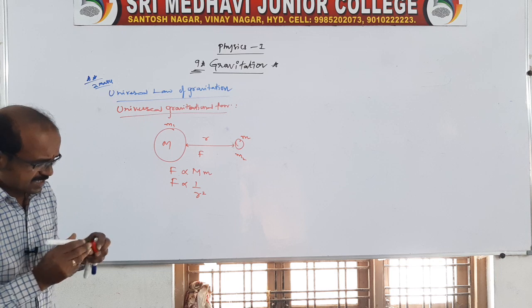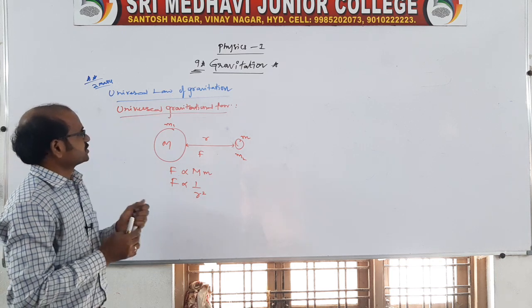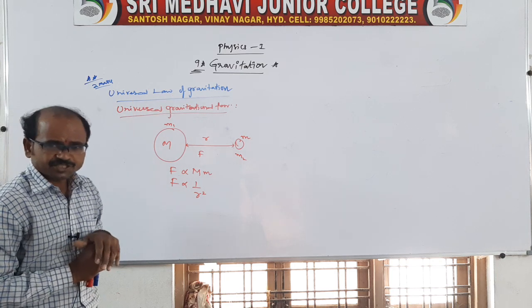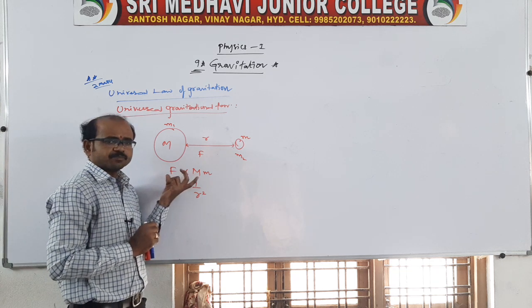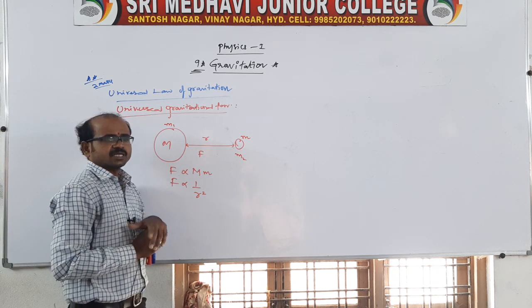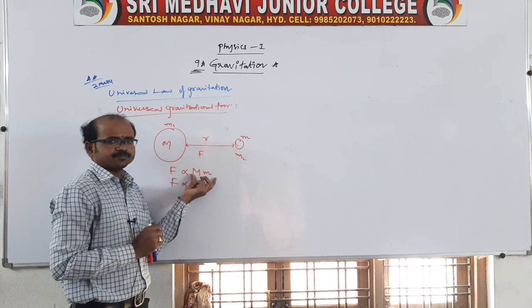Remember this statement for the universal law of gravitation: the force of attraction between the 2 bodies is proportional to the product of the 2 masses.